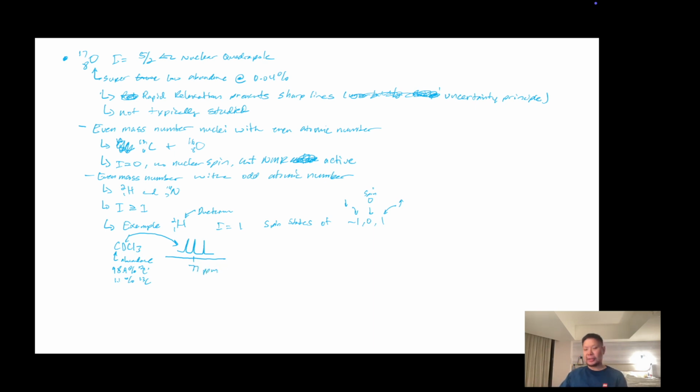But you're thinking to yourself, wait a second, I thought the reason we use deuterated solvents for NMR is because they're not NMR active, so they don't interfere with our sample. They don't have protons, so they won't interfere with the protons of our samples. That's actually not true, and everybody makes that mistake. Deuterium is actually NMR active, but it's active at a very different range from where you would be working in proton NMR.